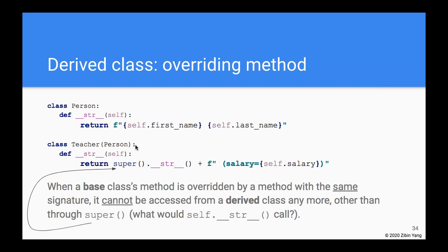This is the only way. What if we try to call self dot Dunder string? Because we are defining the Dunder string method, self dot Dunder string would be calling itself, so it will be an infinite recursive call. So you cannot do that. Super is the only way to call the base class's method that we're overriding.